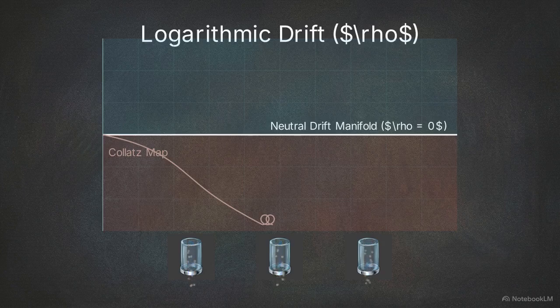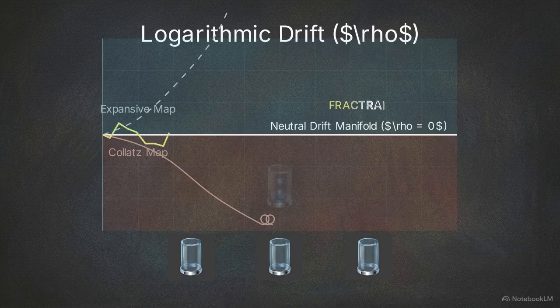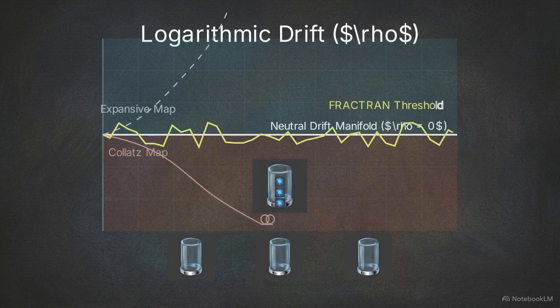The opposite extreme is an expansive drift, such as a 5x plus 1 map. Here, numbers uncontrollably explode to infinity, preventing the closed logical loops necessary to execute conditional computation. Between these extremes lies the Conway filter. The line representing the FRACTRAN threshold extends perfectly horizontally along the zero axis.